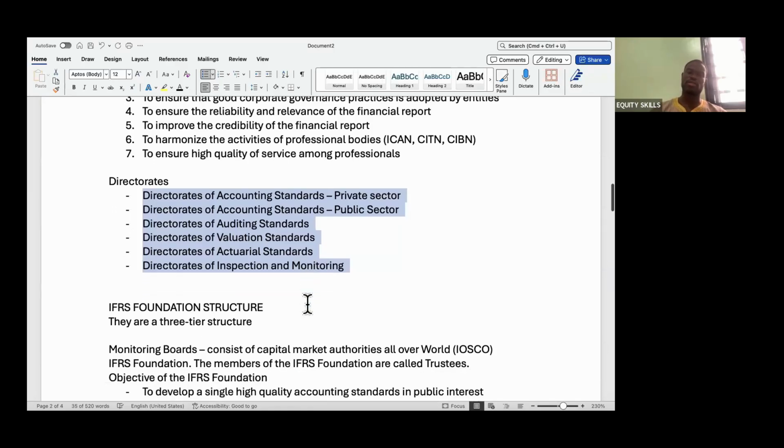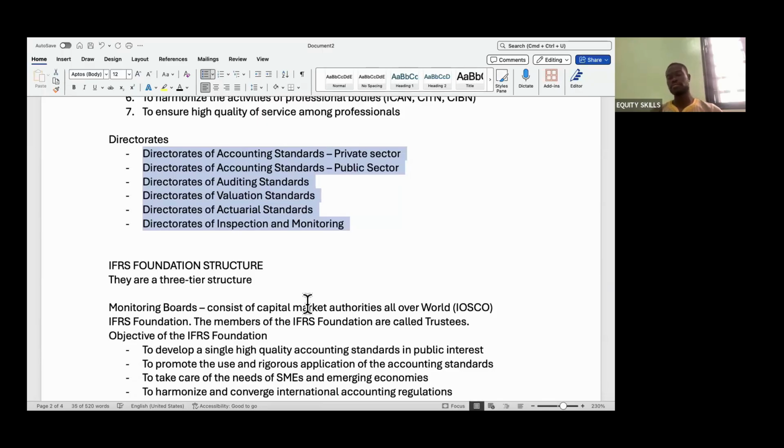Then I told you that FRCN does not develop the IFRS, they actually adopt it. There is a body, a structure behind IFRS, which we call the IFRS Foundation structure.